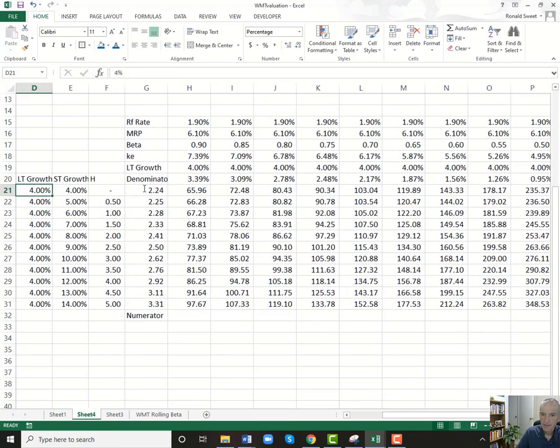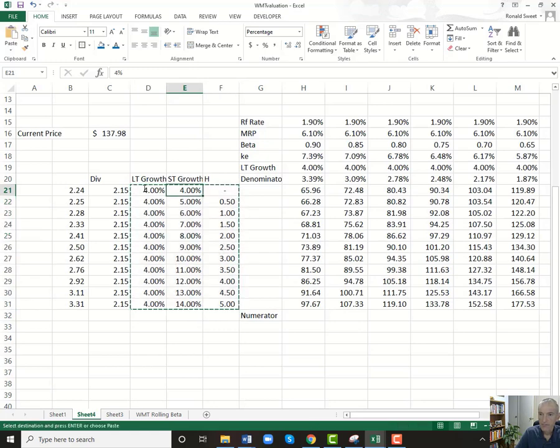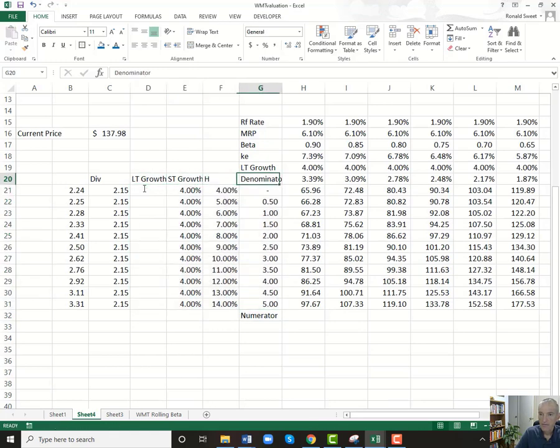Now here, what you probably want to reflect is the short-term growth and the H. So you probably want to take this cell and move it off to the side. And so you've got that, and here all you need is beta here.